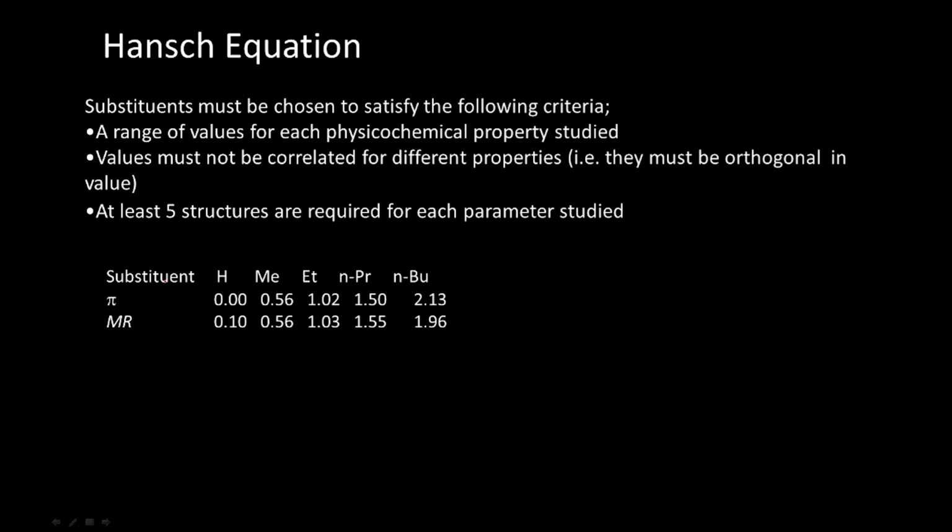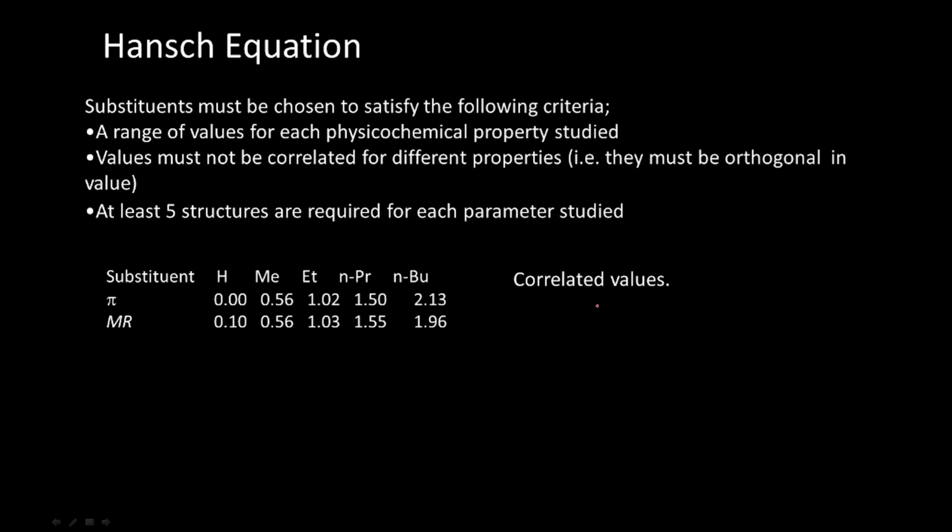So for example, I'm substituting with H or Me or ethyl or N-propyl, N-butyl. So the pi changes like this. For H it is 0, so it becomes more hydrophobic. Molar refractivity changes like this. I defined what is molar refractivity before.